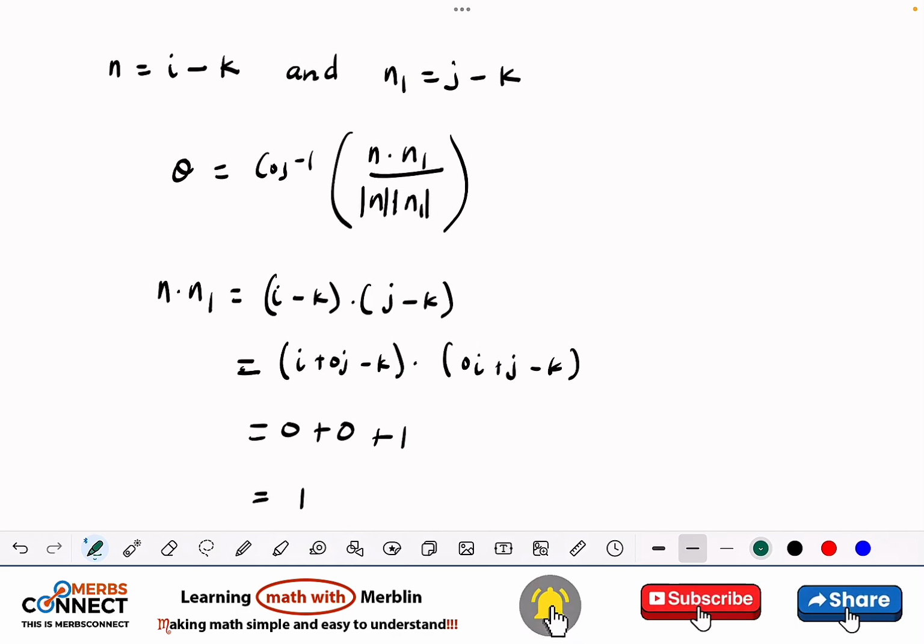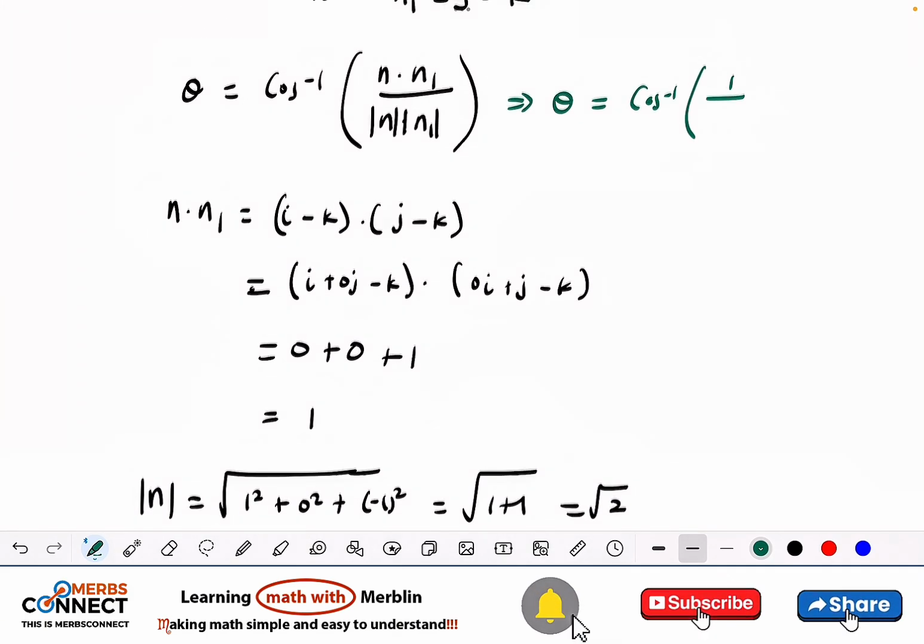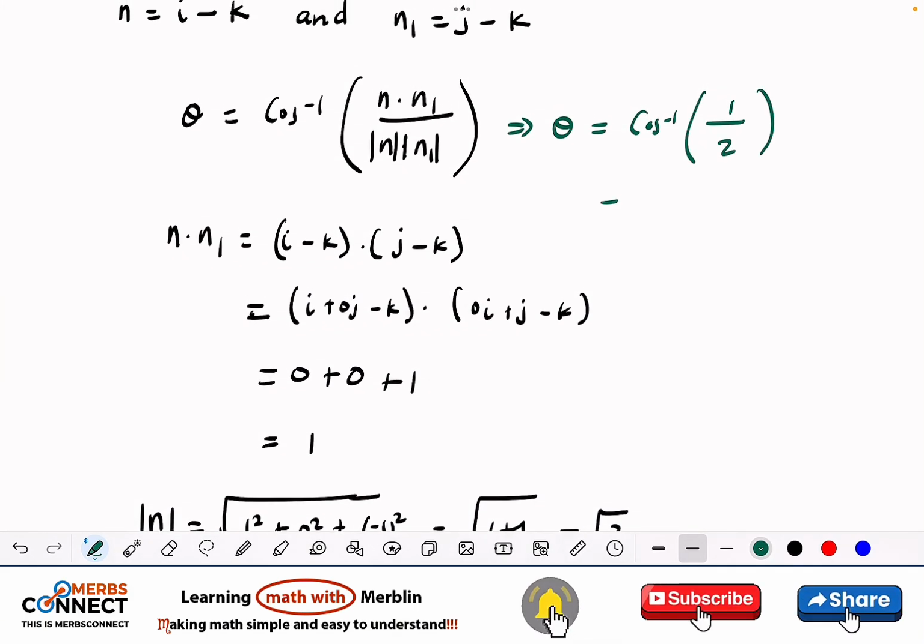So now, since everything is set, this implies that theta is equal to cos inverse of n dot n1, which is 1, over what we had when we multiplied the magnitudes, which is 2. So all we need to do is, on the calculator, check cos inverse of half, and we are going to have 60.